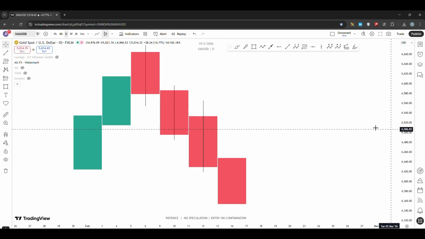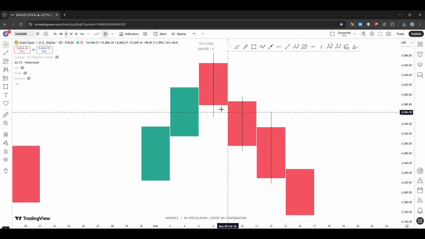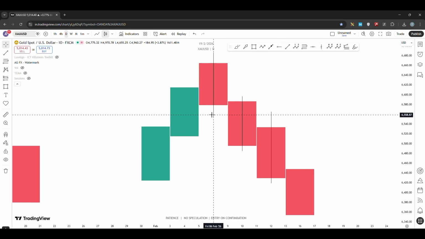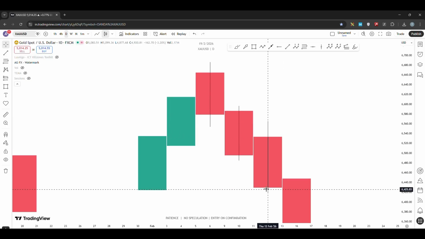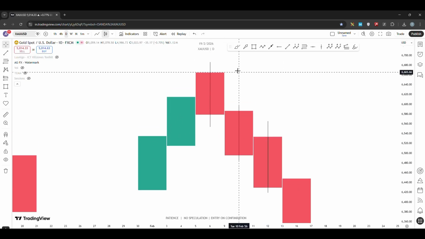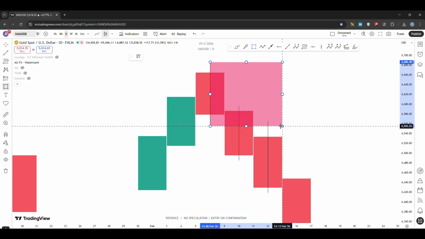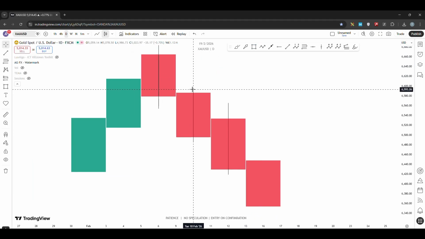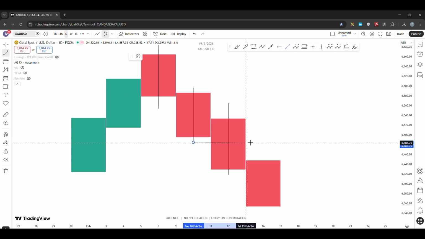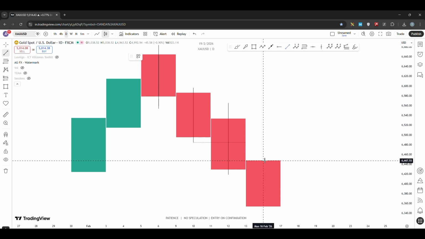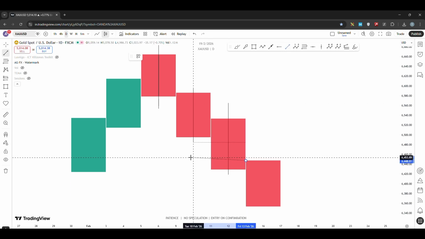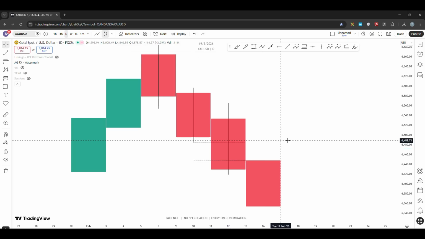Now if you look at this example, we can see that this candle is adjacent to this candle. That means there is no fair value gap between them, so this candle is not an order block candle. But if we focus on this one, we can see that this candle's low and this candle's high, which is over here, are not in contact with each other.